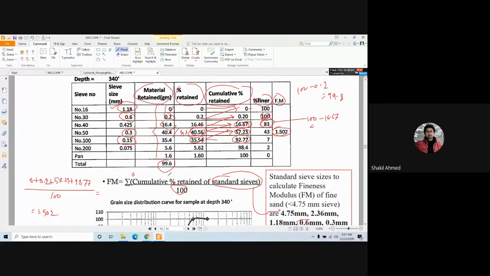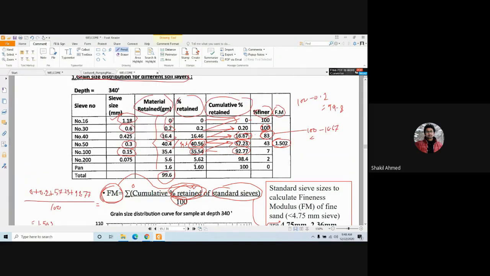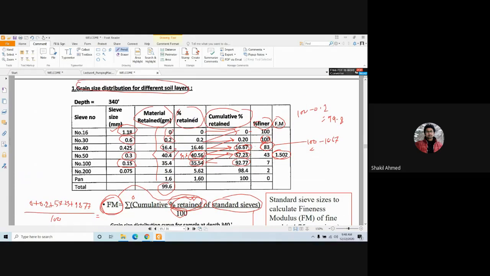Now, my question is, what does this fineness modulus tell you? Look at this. What is this basically? This is cumulative percent retained. That means the higher the FM, the higher the percent retained, and the higher the percent retained, the larger the particle size.